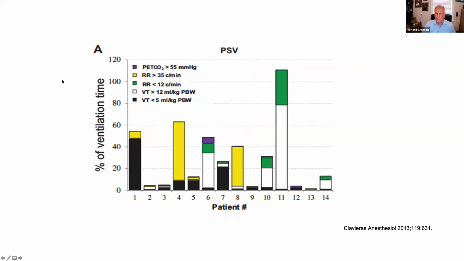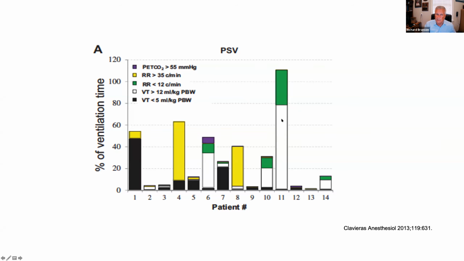So what does the data show? From this paper, this is a typical way of looking at whether or not closed loop works. Here are patients in a normal or abnormal zone of ventilation. The purples are end tidal CO2s greater than 55. The yellows are respiratory rate greater than 35 breaths per minute. Respiratory rate less than 12, and tidal volume greater than 12 is in white.